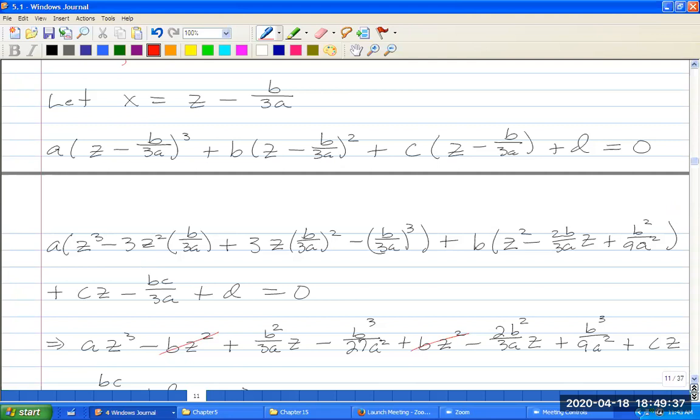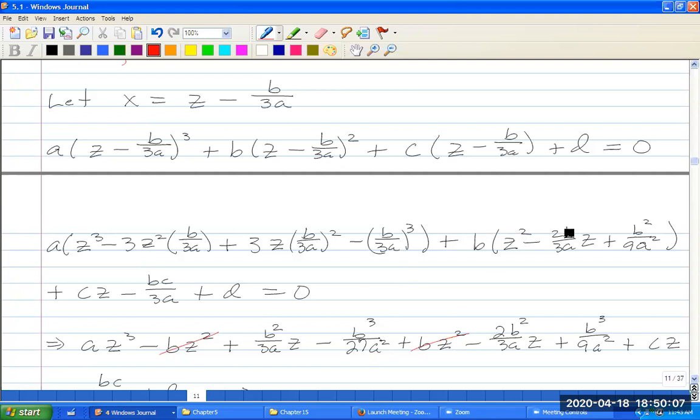Multiply a inside the parentheses, so you get az cubed. The 3's and the a's cancel, so you get bz squared. One of the 3a's cancels, so you get b squared over 3a, z. One of the a's cancels, so you get b cubed over 3 cubed, which is 27a squared.